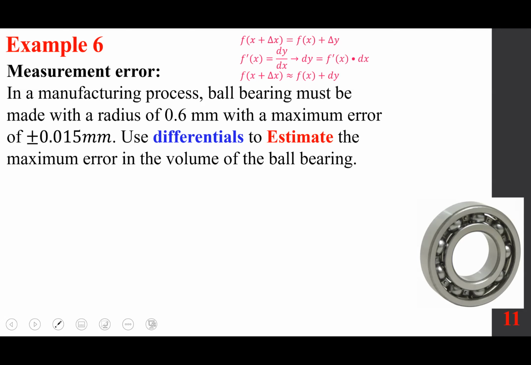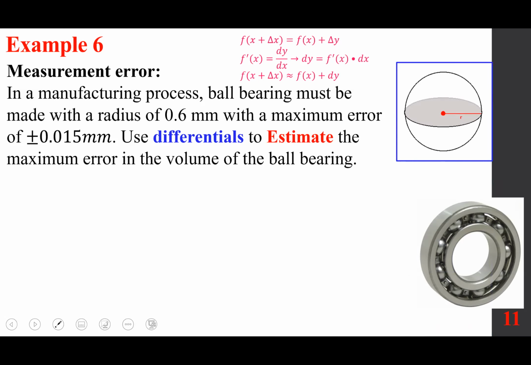So let's see what's happening. Okay. So we have the spherical shape for those ball bearings, and it has the volume of 4/3 pi r cubed. We should know that. The radius is 0.6. R is 0.6.